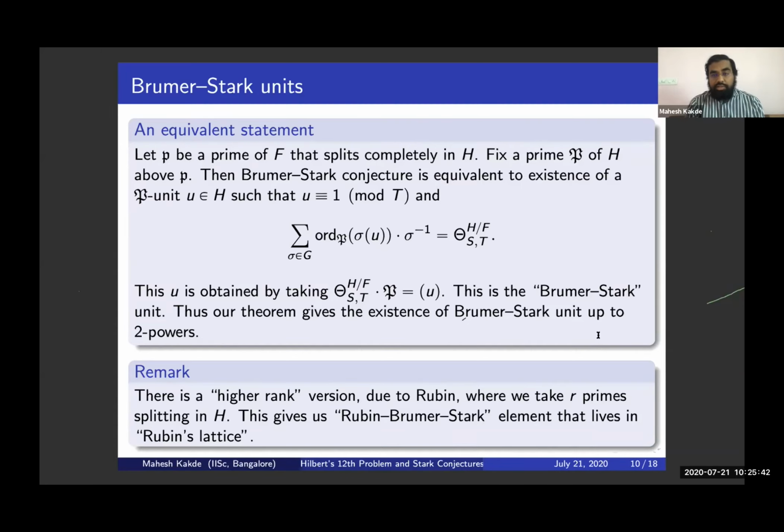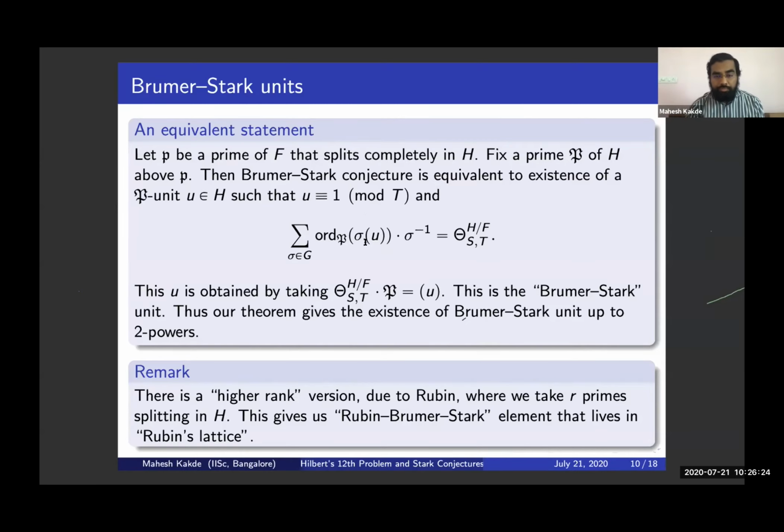Then the Brumer-Stark conjecture is equivalent to the existence of a certain P-unit. Even though they are called units, they are not really global units. They are P-units, so they are units away from P. So the Brumer-Stark conjecture is equivalent to the existence of a P-unit u, which is congruent to 1 mod T, and it is related to the Stickelberger element theta in this particular way. I take ord of sigma u, where sigma is an element of the Galois group. This ord is the p-adic ord, the usual p-adic ord.